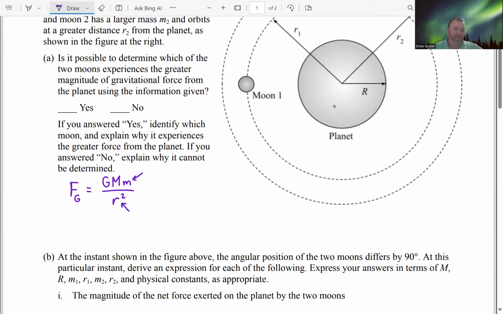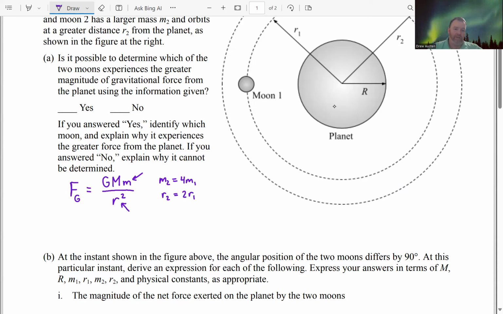So there's not a way to tell which one experiences greater force from the planet, because it all depends on how much bigger one of the m's is compared to the R. For example, let's say that M2 is 4 times the mass of M1, but R2 is just twice the orbital radius of R1.